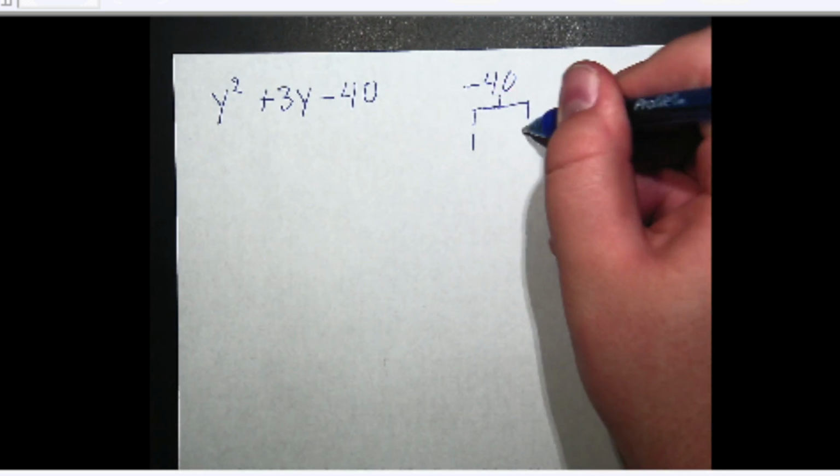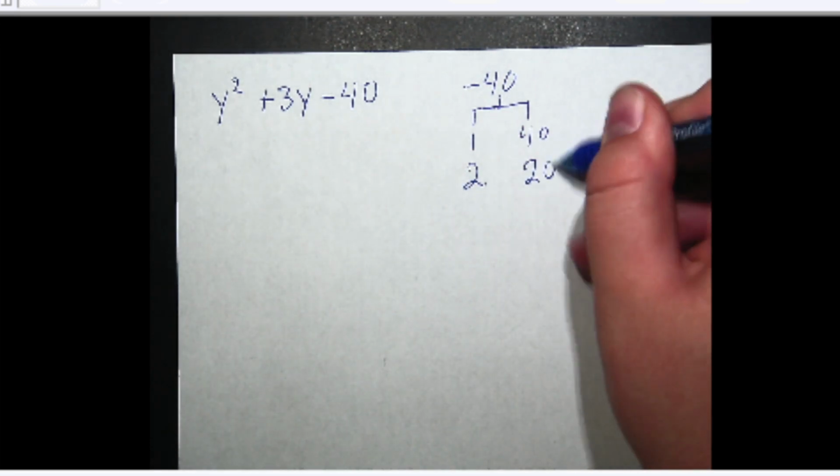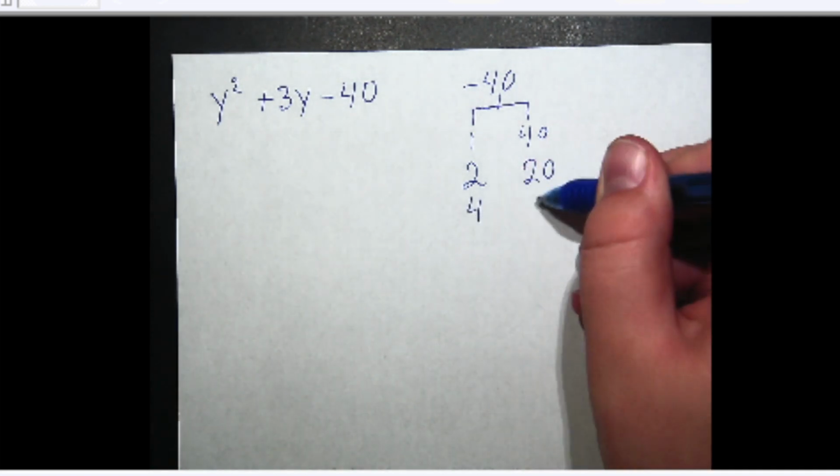So we can do 1 and 40. I won't worry about the signs just yet. What else multiplies to get 40? 2 and 20. What else? 4 and 10. Getting closer.